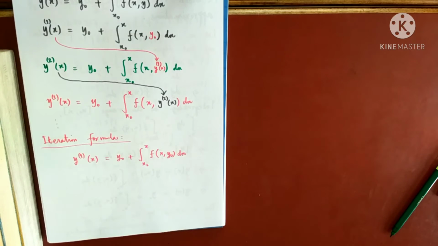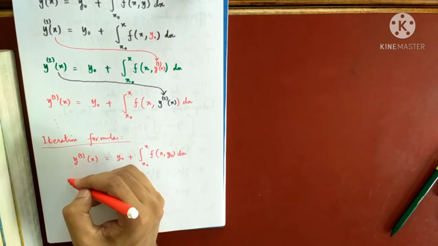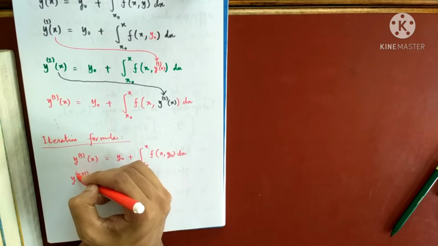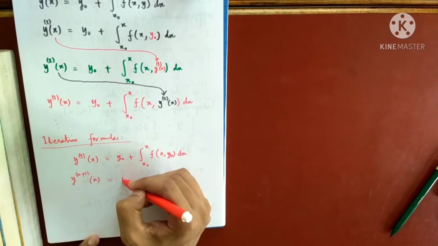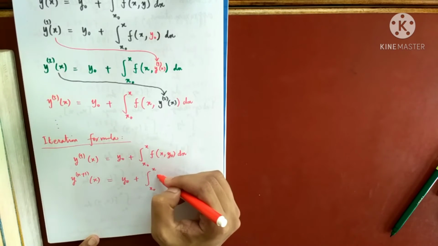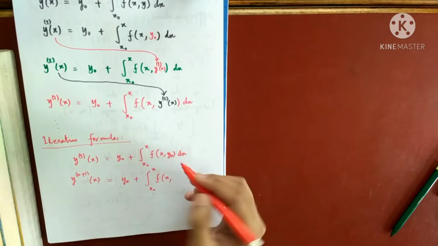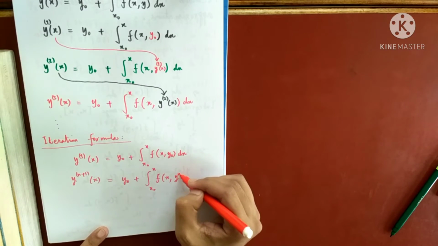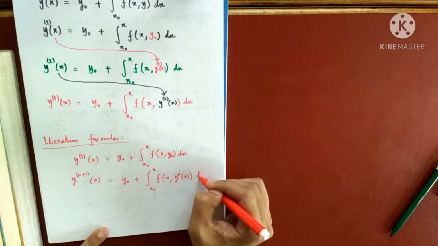From the second iteration, the formula is y n plus 1 of x is y naught plus integration x naught to x f of x comma the previous value of y, that means y n of x, dx.